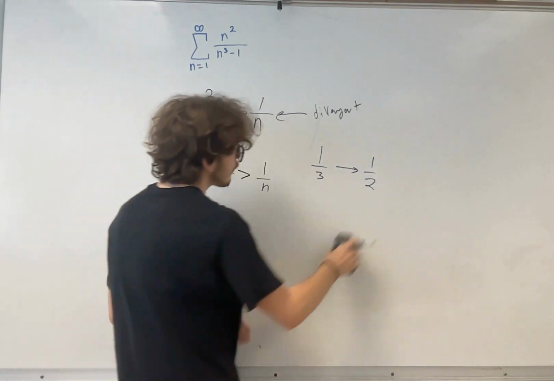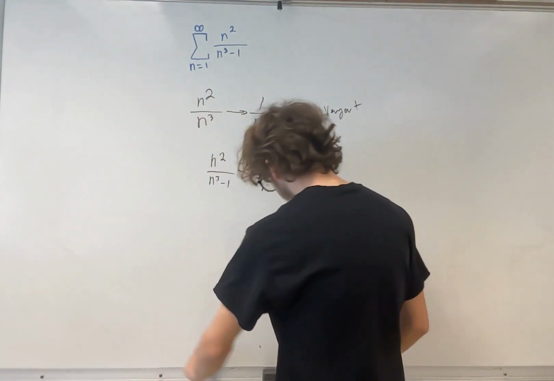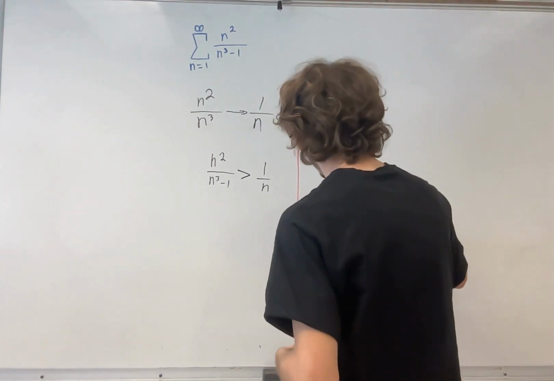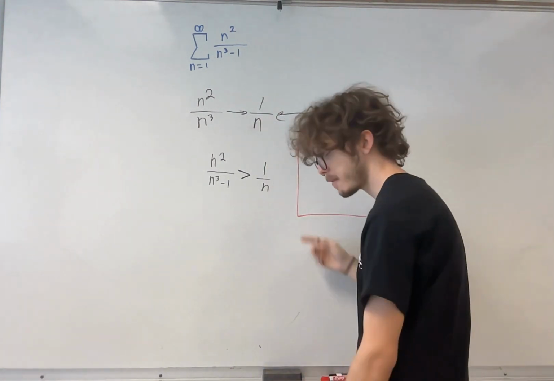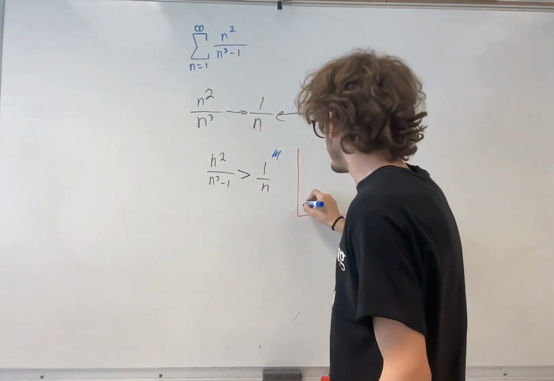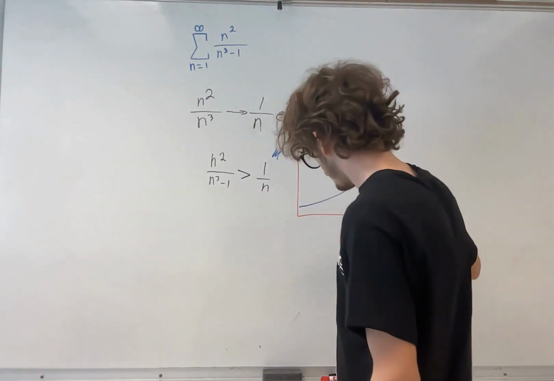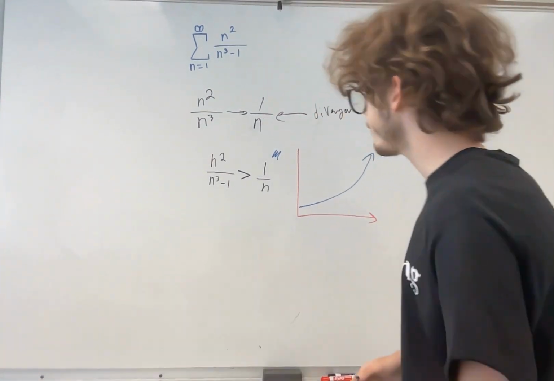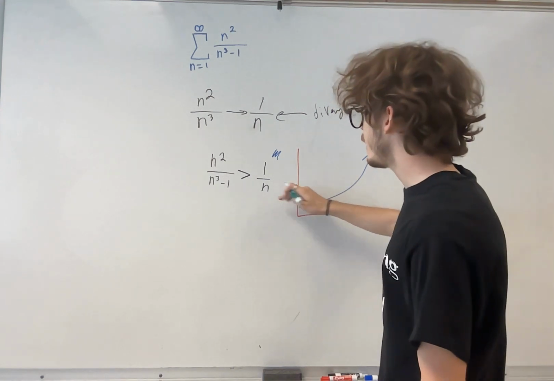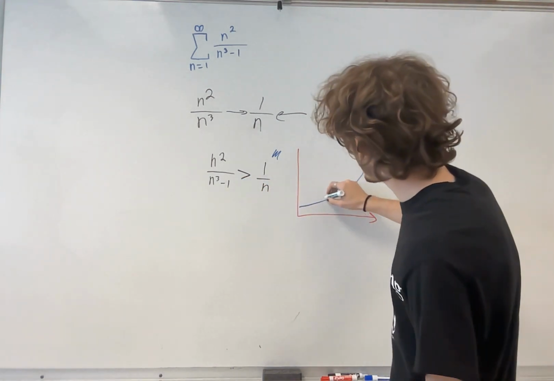And this is perfect for a comparison. If we say that this harmonic series is divergent, think about it as a graph. This is going to be the blue curve. We know that this will be divergent if it was plotted. But what would this be? This is greater than it, and if it's always greater, it must follow these bounds.